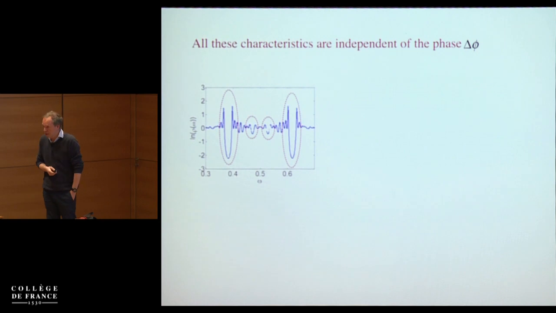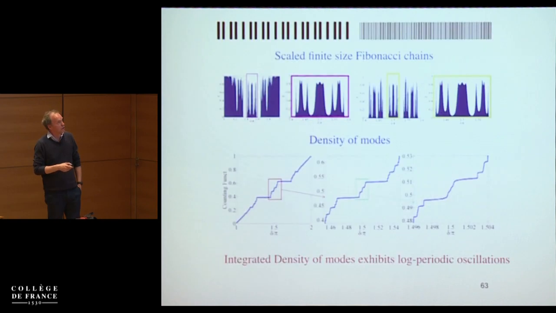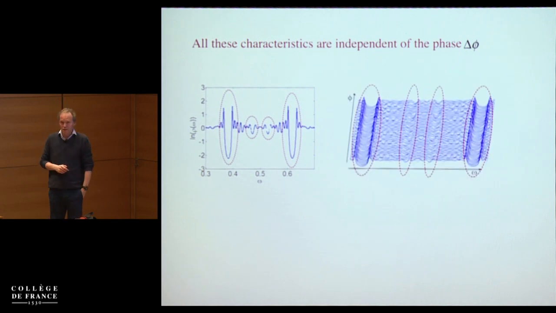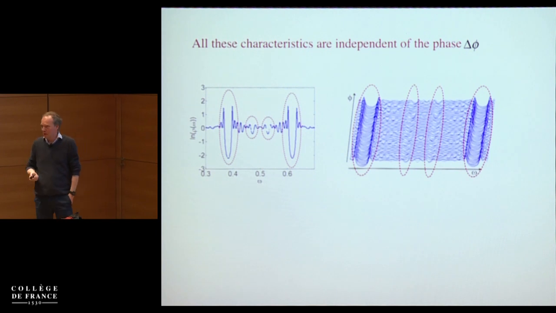So let me show it to you. This is the spectrum that we had before. I take those two gaps, two other gaps, etc. And now I change delta phi and look at the spectrum. And this is what I obtain. So indeed, the spectrum is independent of delta phi. So why are we here?